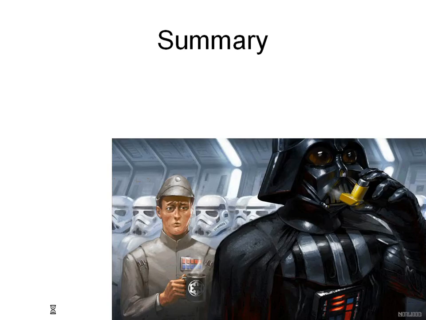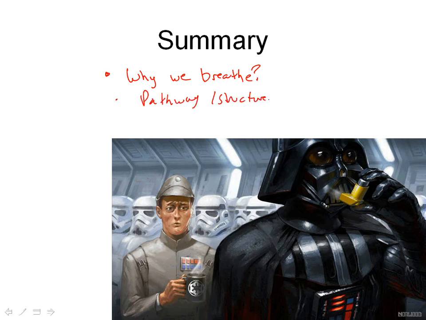Okay, so to finish off, the summary is just, again, making sure we know why we breathe. Next is making sure you know the pathway, structure, and function. And you can probably guarantee that there's going to be something on the structure and function of the alveoli.